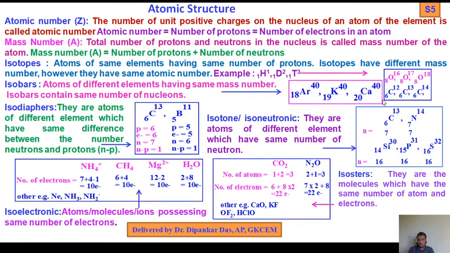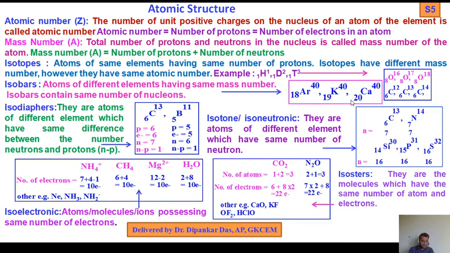If you talk about argon, potassium and calcium: argon 40 18, potassium 40 19 and calcium 40 20. Here the mass number is 40, 40, 40, and the atoms are also different, argon, potassium, calcium, and you see they have different atomic numbers 18, 19, 20.